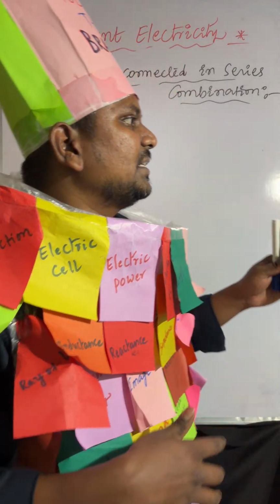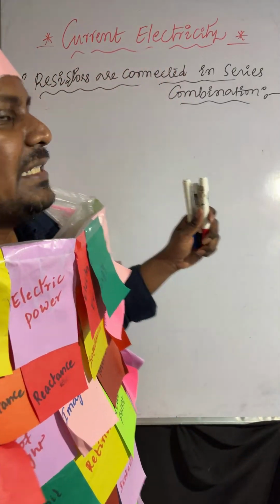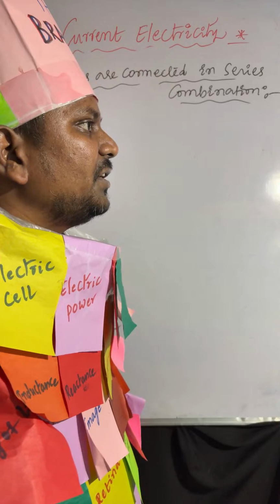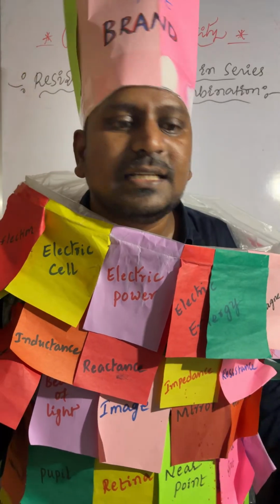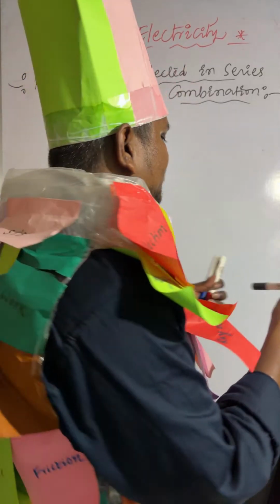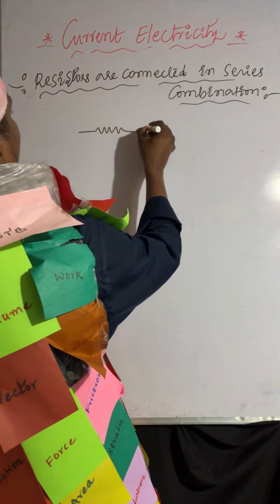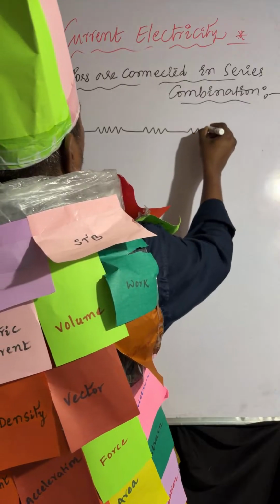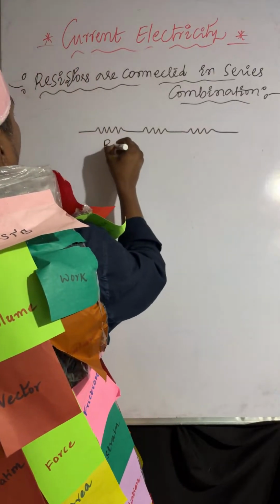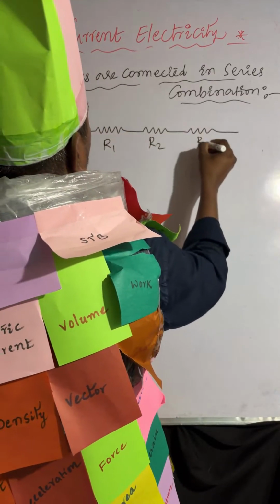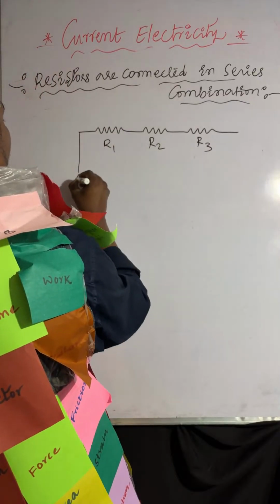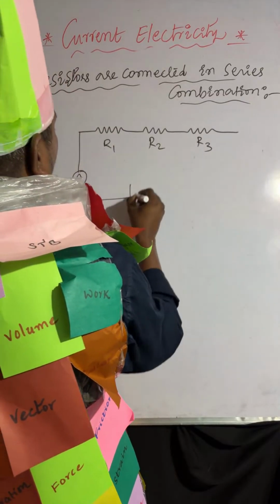Now we are discussing resistors connected in series combination. I am taking here three resistors, R1, R2 and R3, and connecting them to the circuit.